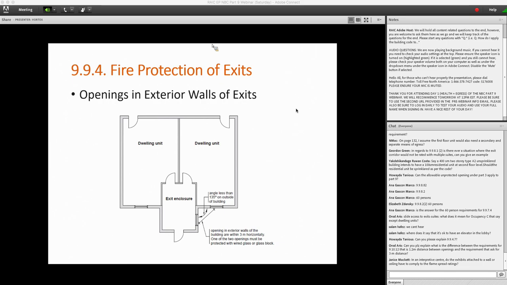In addition to that, where the only opening greater than 100 millimeters by 380 millimeters is a horizontal opening at the top of the window, and where the window sill is located more than 450 millimeters above the finished floor.